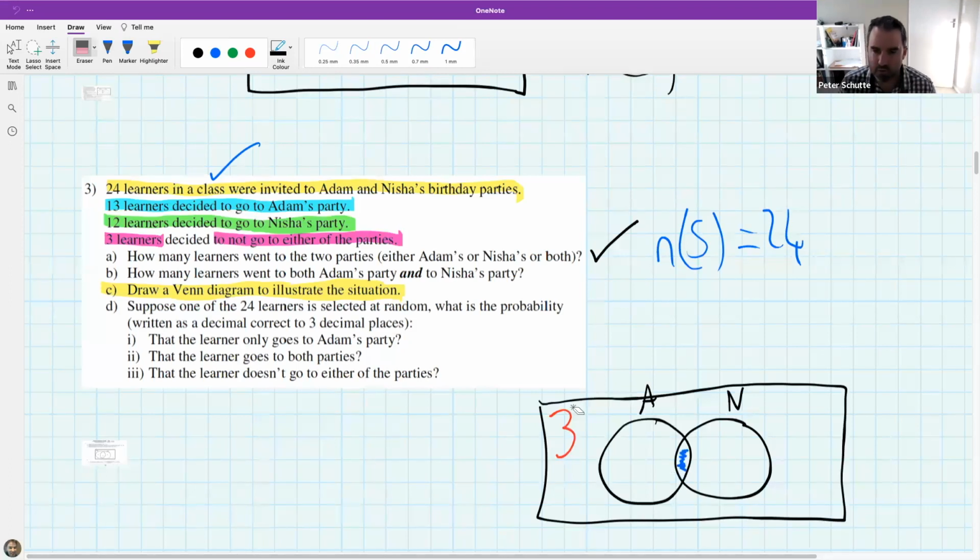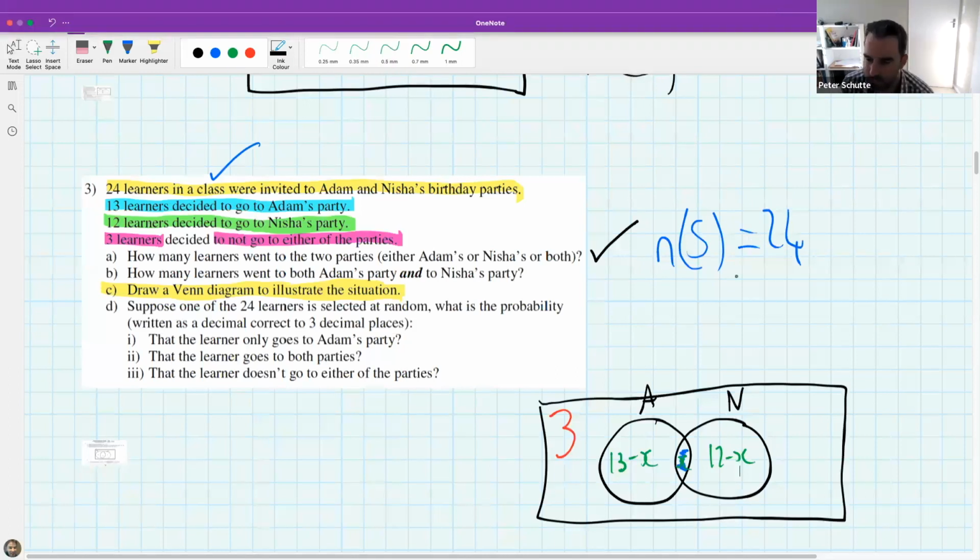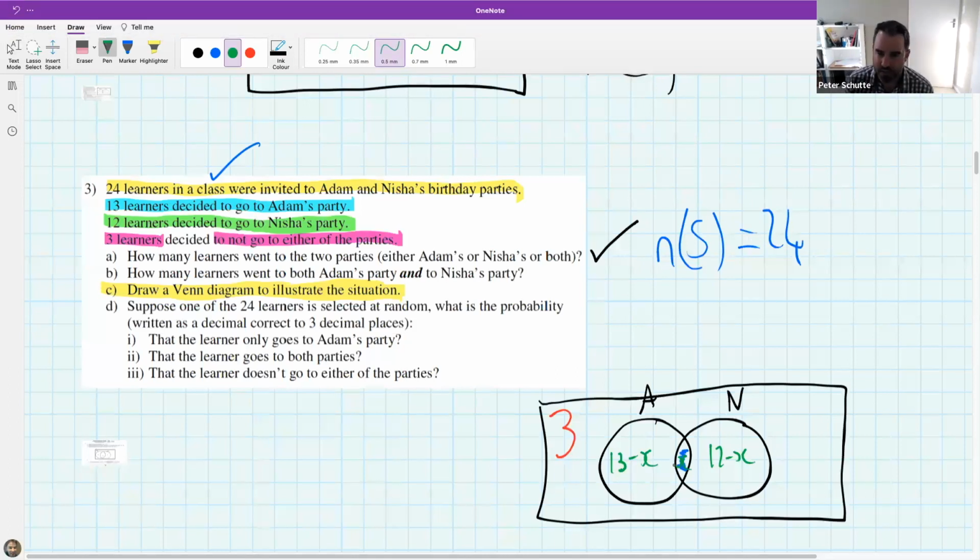Now, what I was also thinking is I don't know what is in the middle. And the last time we said that we make X in the middle if we don't know. In that case, I think A would be 13 minus X and N would be 12 minus X. Give me a thumbs up if you followed how I went from, basically, if I look at A, 13 minus X plus X, I get 13, which is what I want.